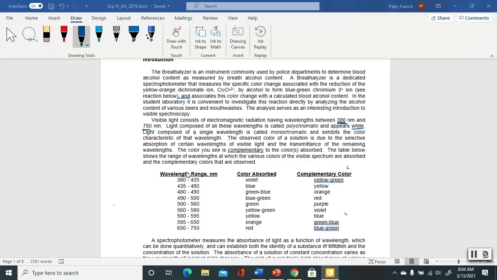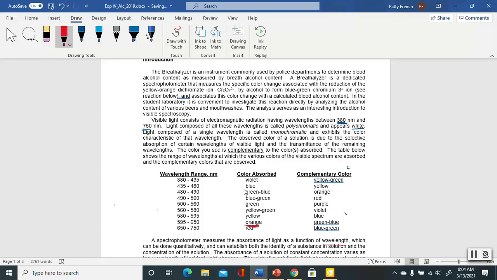Now, understand that we're going to be seeing a color that's complementary to the one that's being absorbed. When we see a green-blue solution, like chromium 3+ would be if it were all by itself, the color that's actually being absorbed is orange.